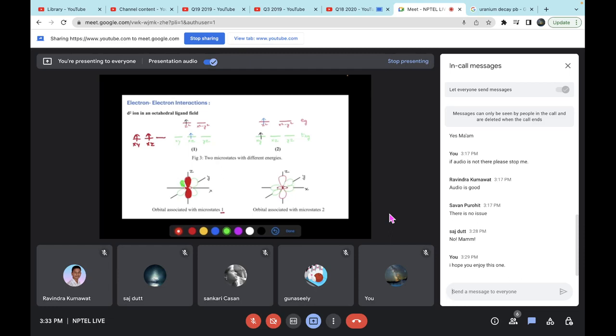So this orbital will be filled. This is how my electron density looks for microstate 1. And again for microstate 2, the T2g XY, so the XY plane, this. So this orbital dxy will be filled, I mean the electron density here.